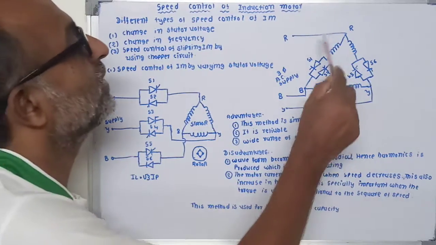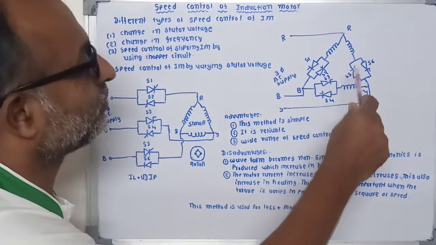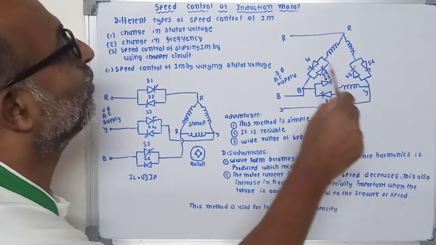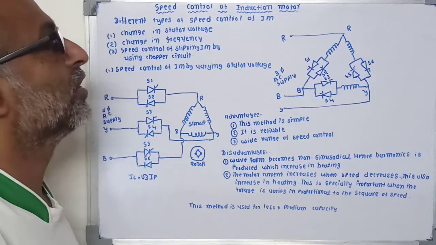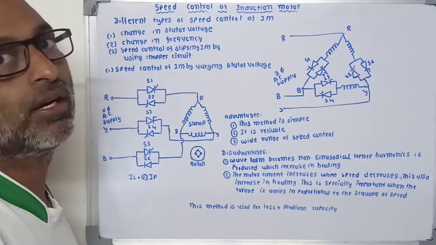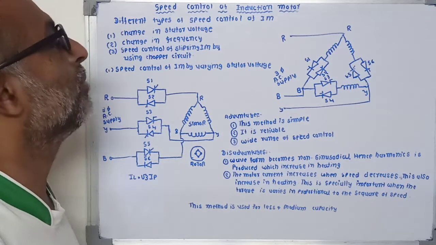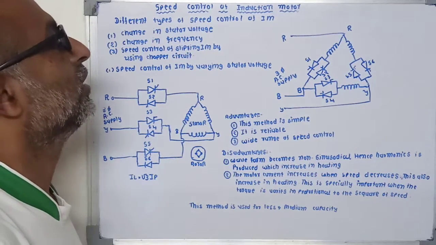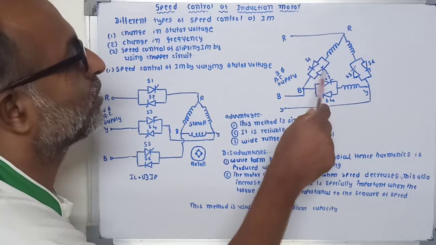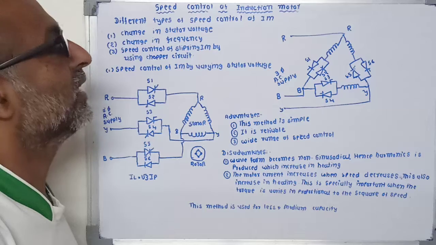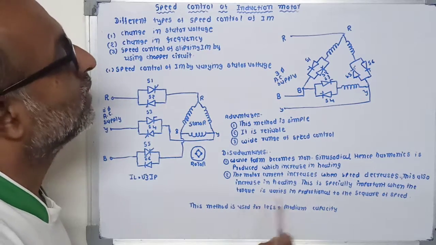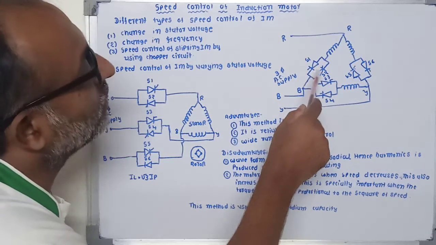Now this is the second diagram, in which the SCRs are connected in the phase. It will reduce the capacity of the SCR. Here also S1, S2, S3, S4, S5, S6 are the six SCRs.